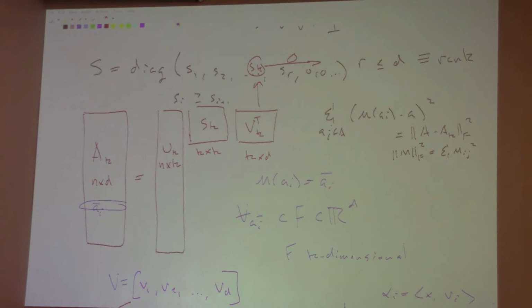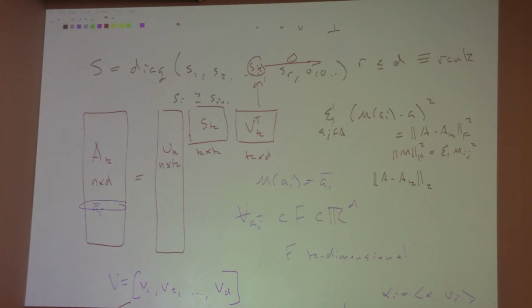So it's minimizing this. If I restrict that this is a k-dimensional subspace, or A_k is rank k, then this minimizes this cost. The other thing it does is it minimizes, if I look at the norm of A minus A_k, the spectral norm.